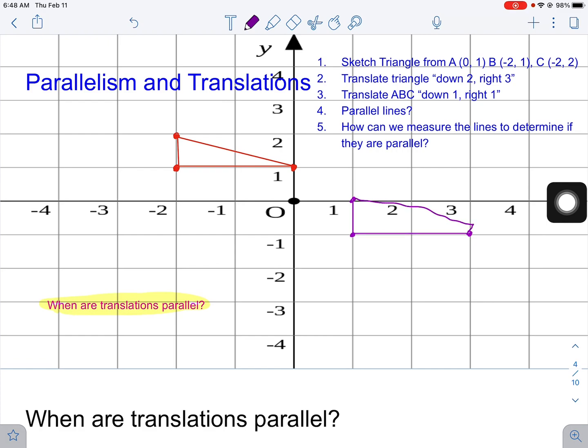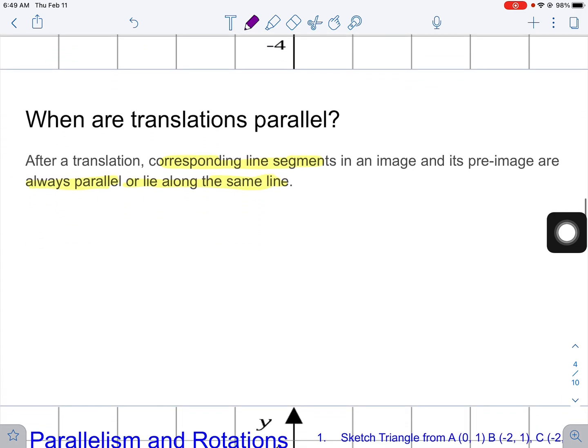So you created its image. We can say, when are the translations parallel? Well, all of these segments are going to be parallel after the translation. And so this question right here, when are they actually parallel?